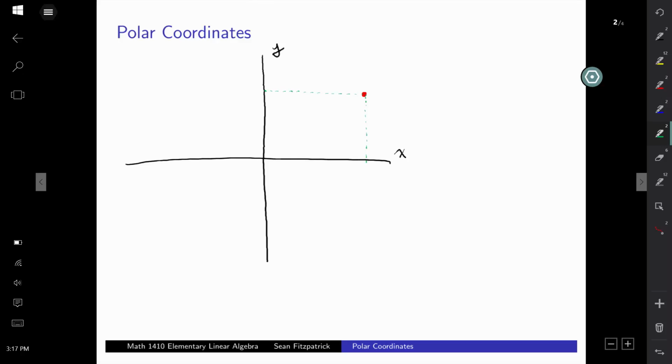So the coordinates x and y that we ordinarily would use to label a point are often referred to as rectangular coordinates because you can sort of see the rectangle which is formed here. You have x, y, and the origin at opposite corners of this rectangle. You can see the two sides sort of dashed out there in green. And so this is one way of locating a point in space.